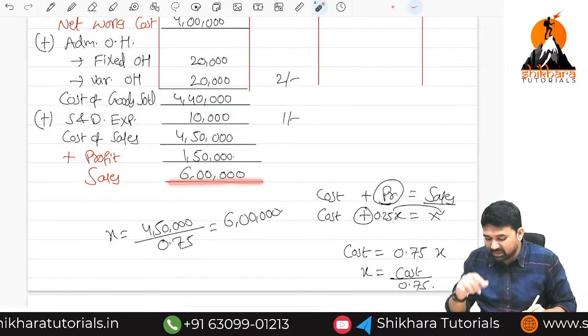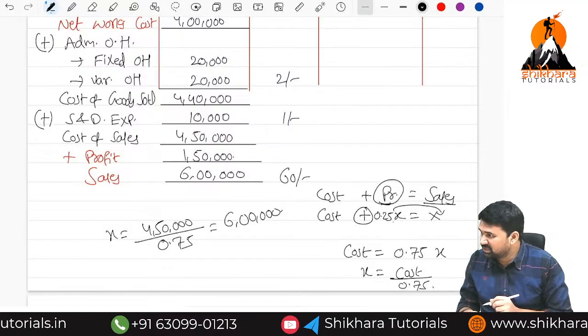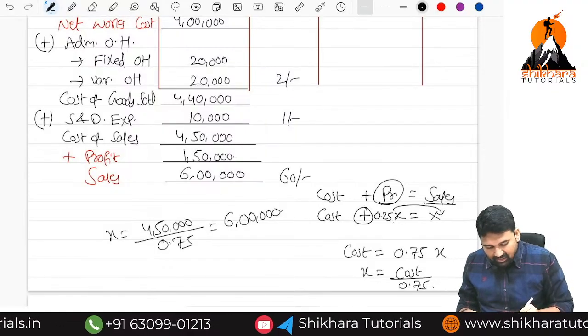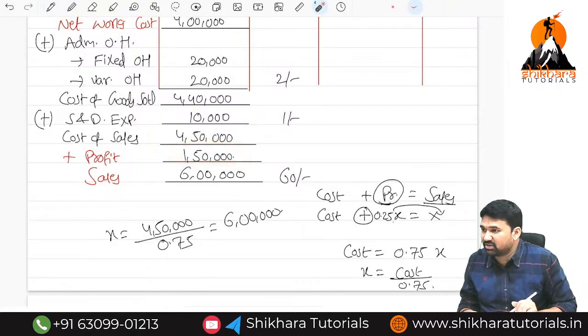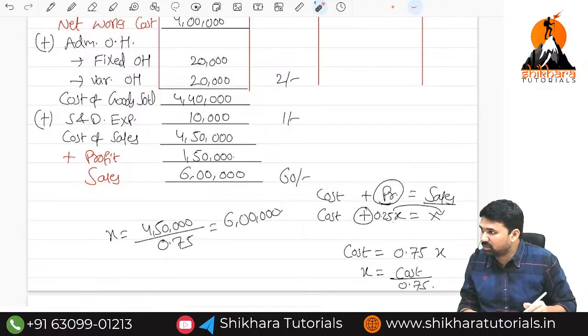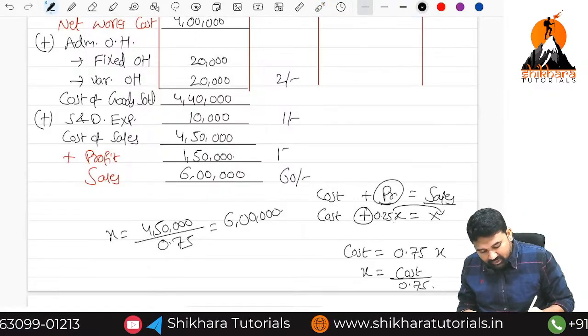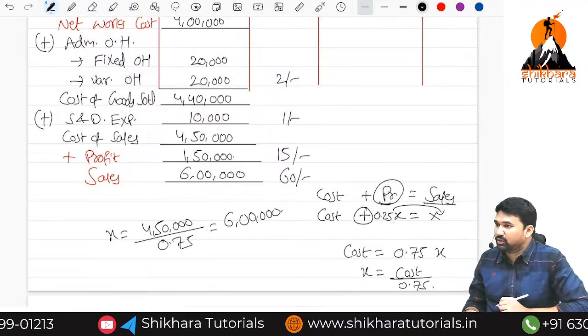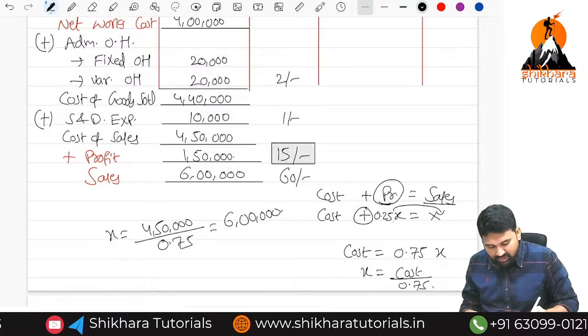That means the selling price is 60 rupees. And for 10,000 units, we have earned a profit of 1,50,000. That means profit per unit is 15 rupees. Profit per unit is 15 rupees. So these are very important points. Remember.